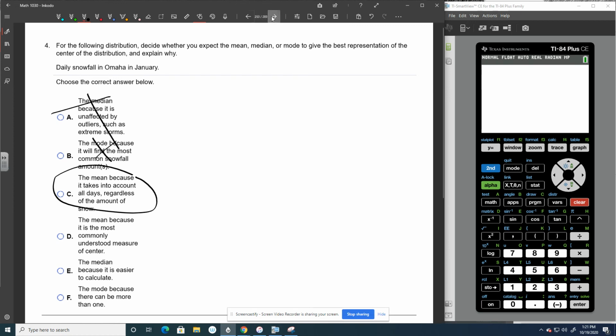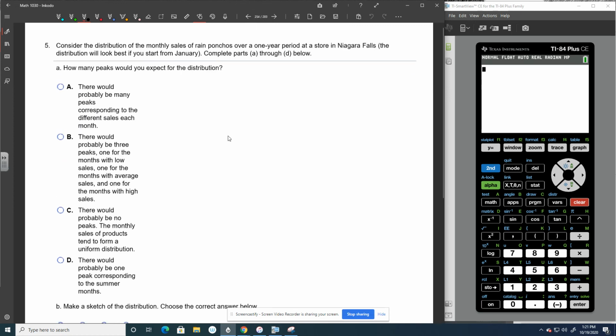All right, moving on. So again, that one's a little bit opinionated. Number 5, consider the distribution for the monthly sales of ponchos over a 1-year period at Niagara Falls. How many peaks would you expect to happen? Well, I would expect that in the summer, a lot more people visit Niagara Falls than the rest of the year. And I wouldn't really expect another peak in visitors.